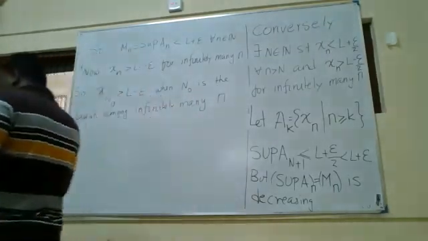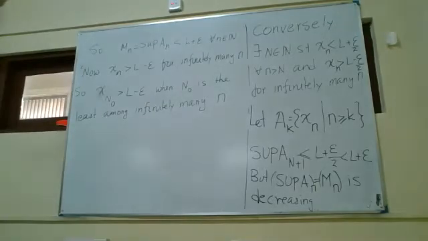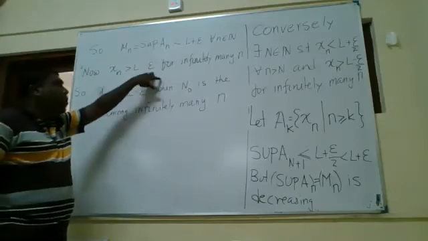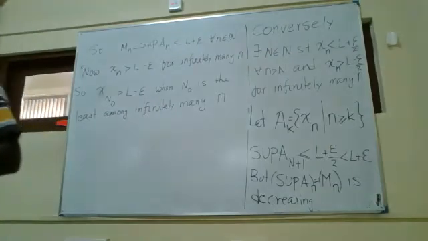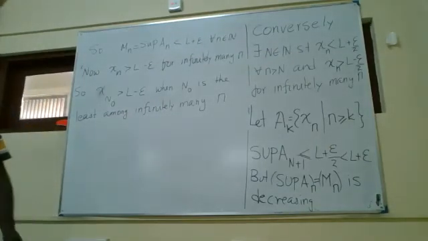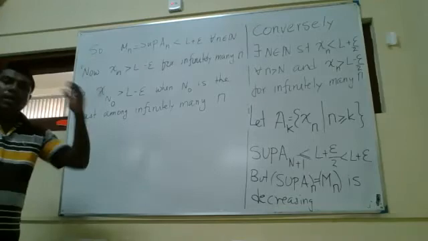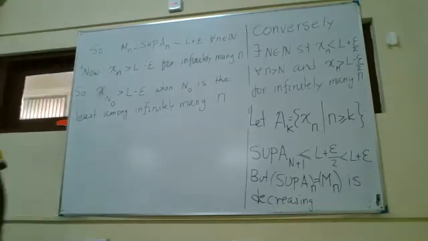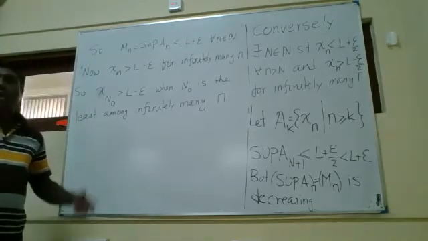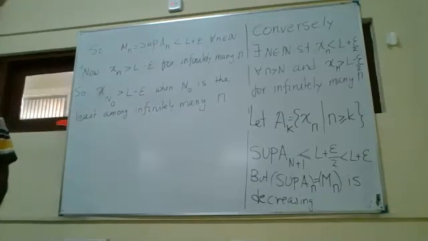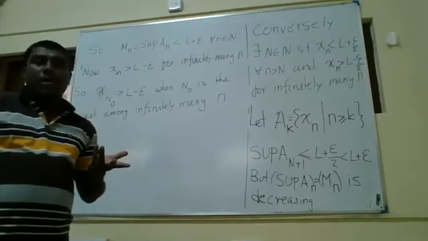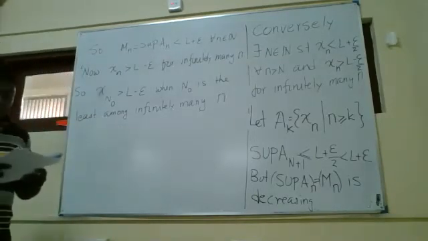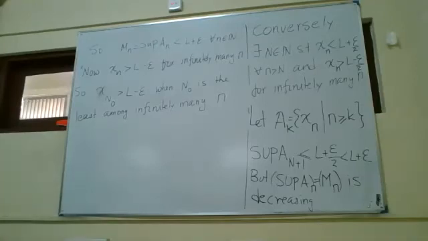Okay, so now here is what we are doing. Because x_n is greater than L minus epsilon for infinitely many n, there are many such numbers, maybe 2, 5, 10, 15, 20, 100, and so on. But all of these are natural numbers, so you should be able to get a least number, because in a set of natural numbers you can always find a minimum.